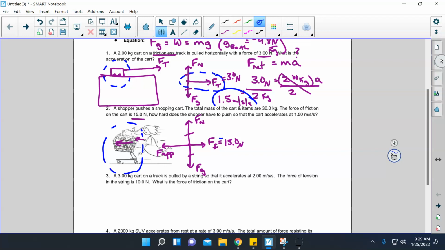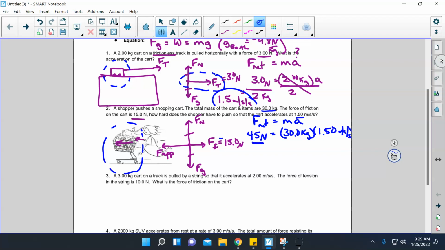So if I look at this problem, I know my force net equals the mass times acceleration. So the mass of the cart is 30 kilograms, and the acceleration of the cart is going to be 1.5 meters per second each second. If I multiply those, I get 45 newtons.